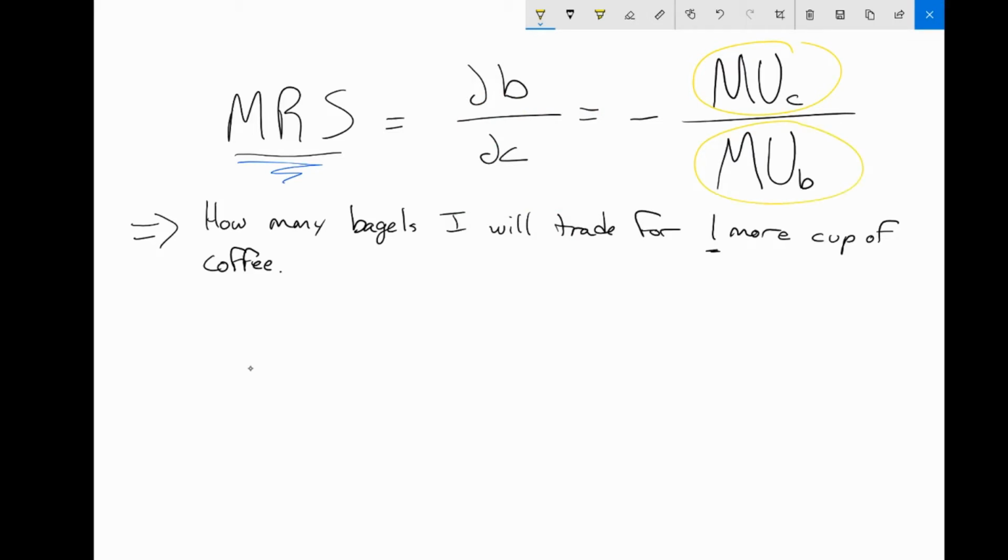So the marginal rate of substitution is the ratio of the marginal utility of coffee to the marginal utility of bagels. What does that tell me? Actually, let me throw up the graph here because I think it'll make it clearer.